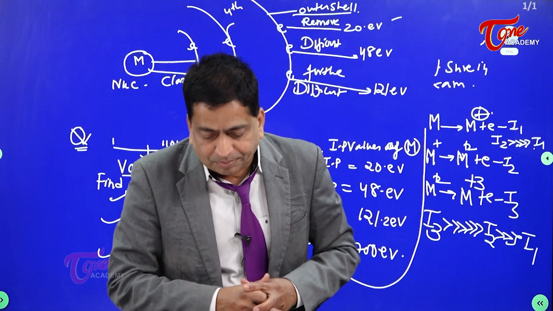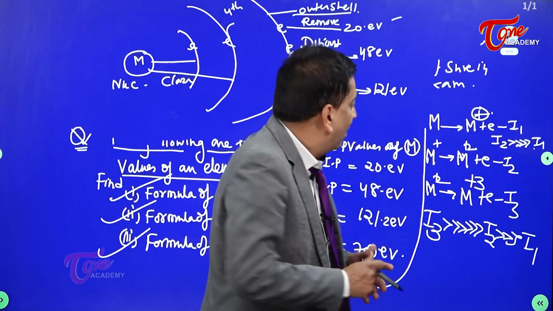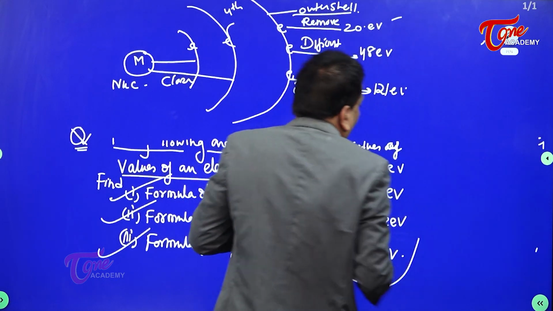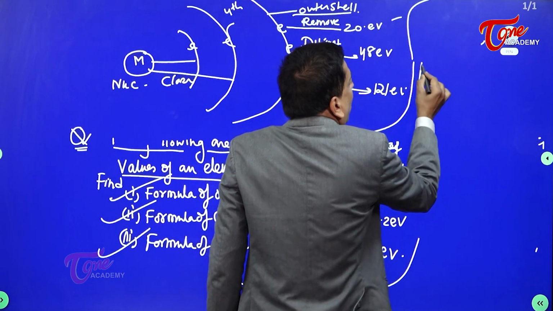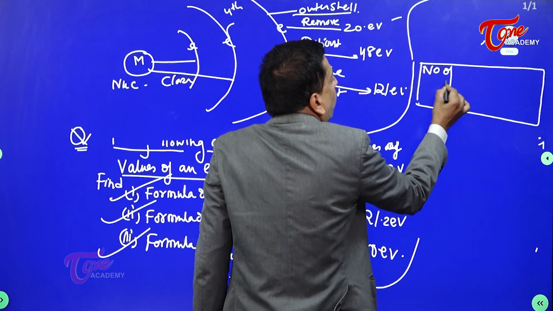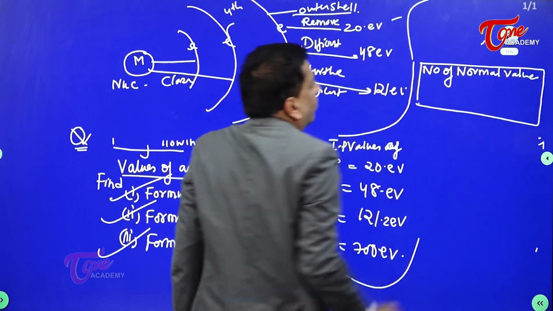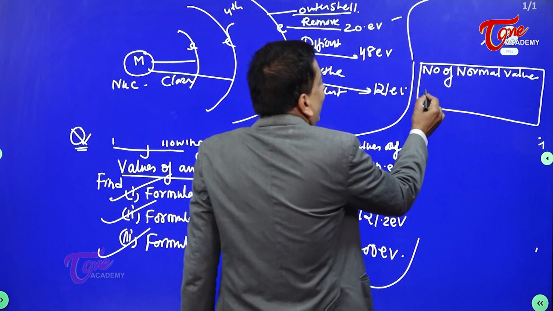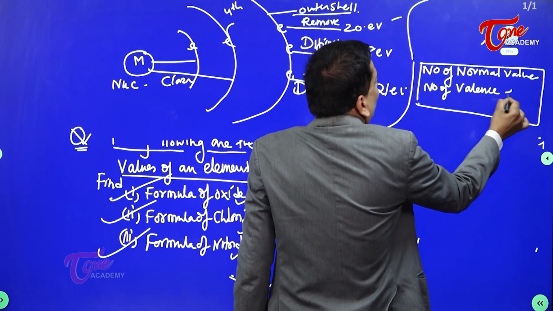So what does it indicate? I would like to write it. Remember, the number of normal values, 1, 2, 3 without any surprise, is nothing but the number of valence electrons.